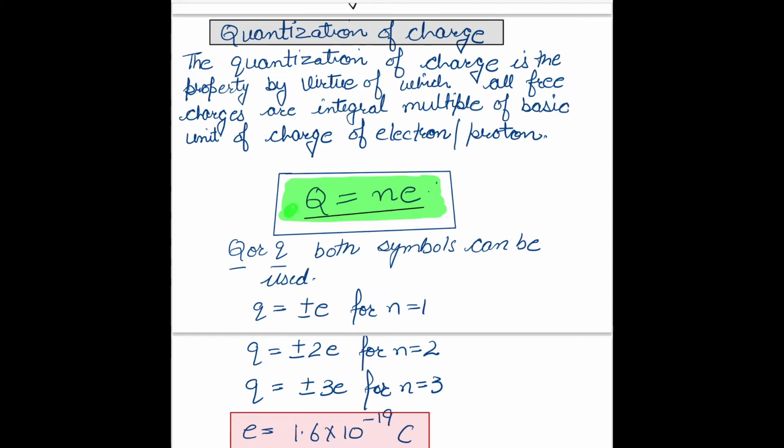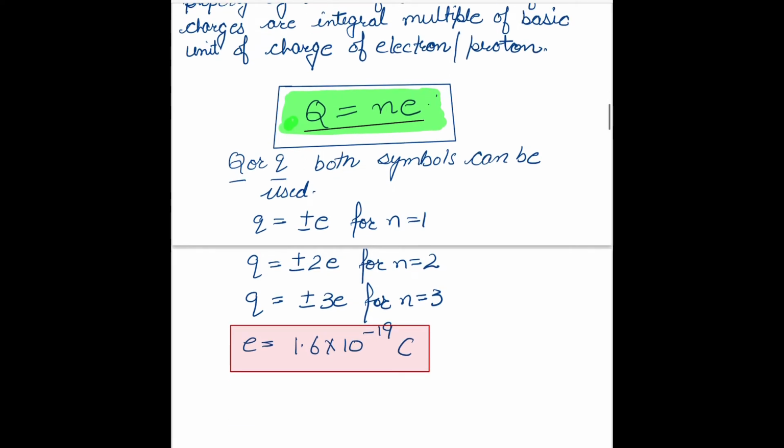Here N is an integer, and N can be positive as well as negative.